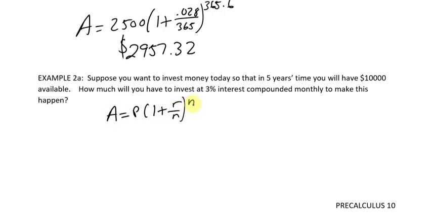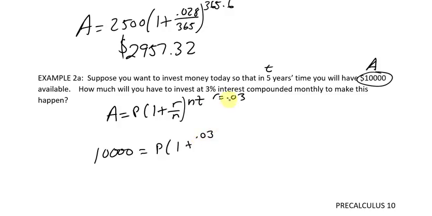And so now the 10,000 does not represent P, that's A. So if we plug in our known values, we have 10,000 equals P, 1 plus 0.03, our rate, 3%, divided by, compounded monthly, so 12, to the 12 times 5 power.